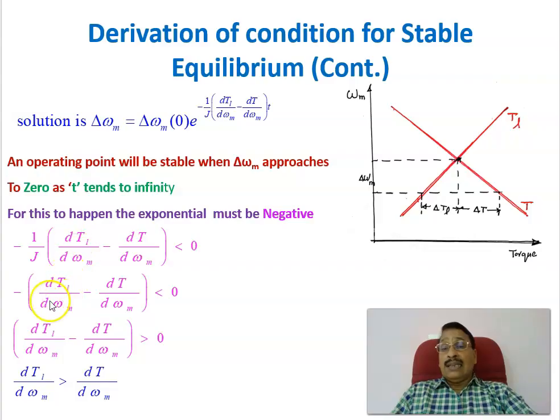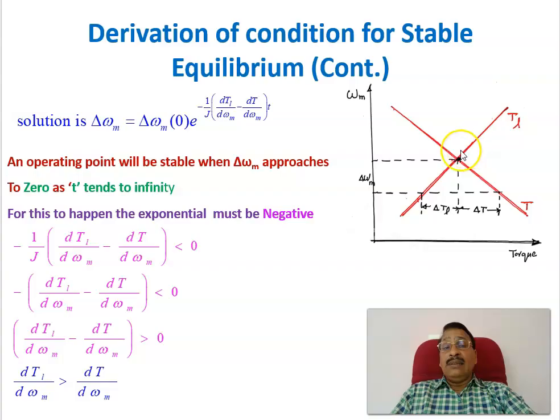Or we can say, removing J, minus of (dTL by d omega m minus dT by d omega m) should be less than 0. It should be negative. Or dTL by d omega m minus dT by d omega m should be more than 0, or dTL by d omega m should be more than dT by d omega m.